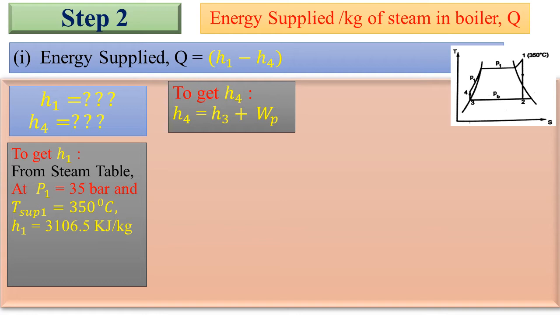Also, the formula for pump work in terms of enthalpy can be written as pump work is equal to H4 minus H3, because enthalpy at point 4 will be higher as compared to enthalpy at point 3. 3 to 4 is a pumping process, meaning pumping will start at point 3 and end at point 4.